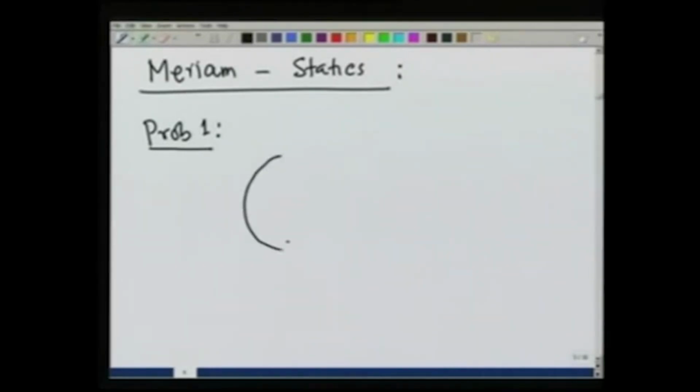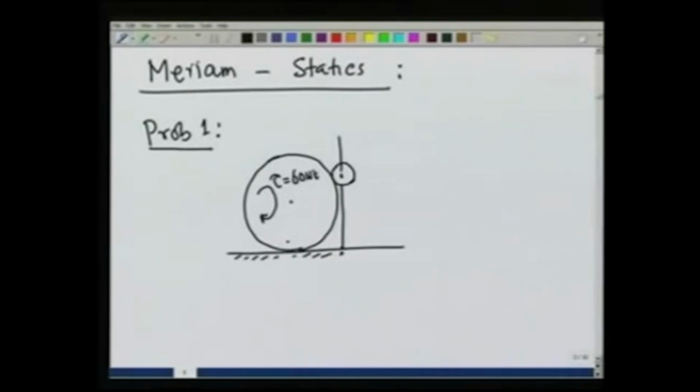We have a wheel on a rough surface, and it is touching a roller which is free to move, and it is fixed to the support like this. We apply a torque tau is equal to 60 newton meters on the wheel, such that the wheel does not move. We want to find what is the force applied by the wheel on this support.